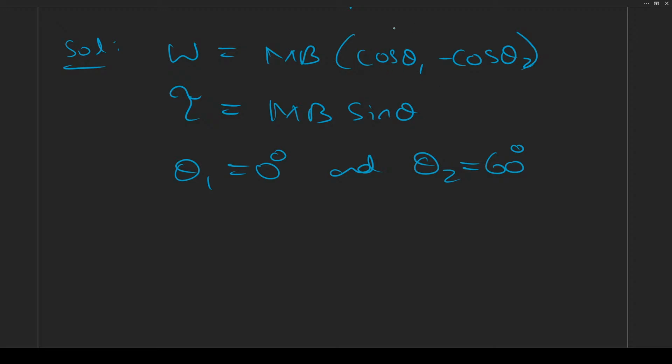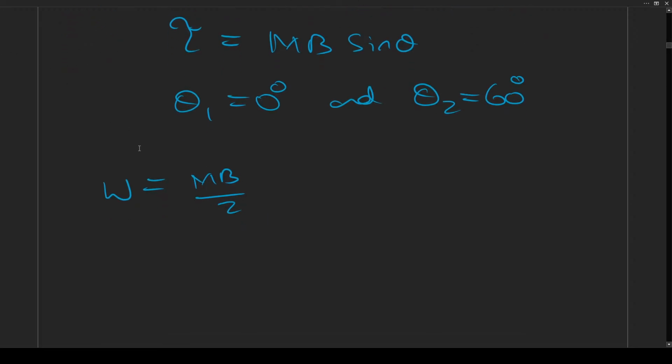Now cos theta 1 is 1 and theta 2 is 60 degrees. So work done is equal to mB (1 minus half), so mB by 2, and torque is equal to mB sin 60 degrees. Sin 60 degrees equals root 3 by 2.